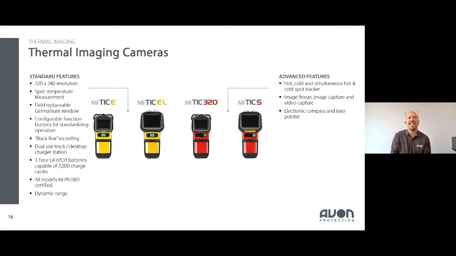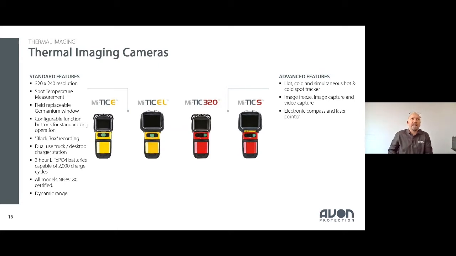So if we go through the standard features on these cameras, all of the sensors and all of the displays are 320 by 240, and a quick technical note on those cameras. We have a 1-to-1 relationship with the sensor versus the display, and that's important. Our sensors are actually, I think, 388 by 288.